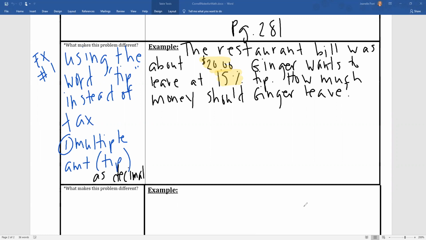So what I'm going to do is take my $20 and multiply it by 0.15, because I have to take my percentage and turn it into a decimal. And that's going to equal $3. So Ginger should leave a $3 tip.